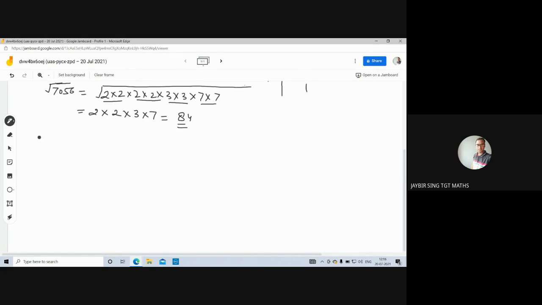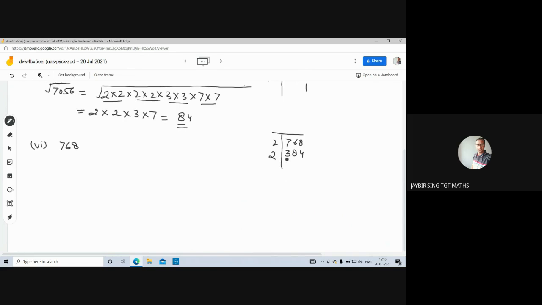Now I am doing one more part, that is the last part, the sixth one. This is 768. So by which number should 768 be multiplied to get a perfect square? 768, this is divisible by 2. 2 threes are 6, 2 eights are 16, 2 fours are 8.